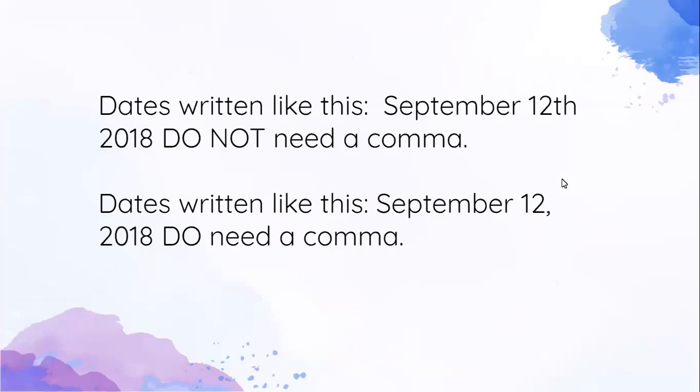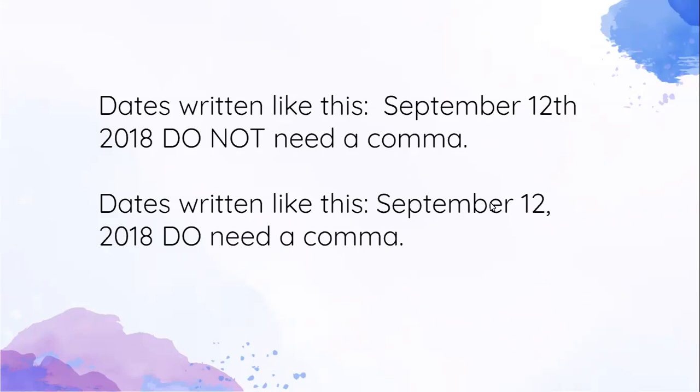All right, so the next kind of rule, I don't know if I should call them rules, but dates. I don't know how often you're going to use dates in a piece of writing, but I have had to write a letter for an assignment, and of course, you need a date in a letter. So dates written like this, September 12th, 2018, do not need a comma. You can see September 12th includes the TH after 12, so that does not need a comma.